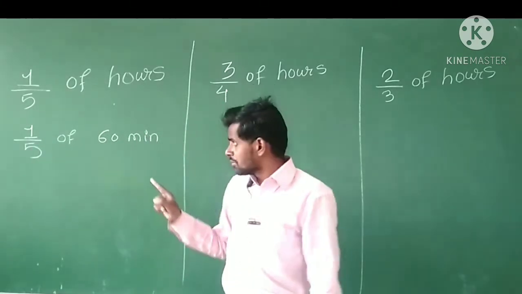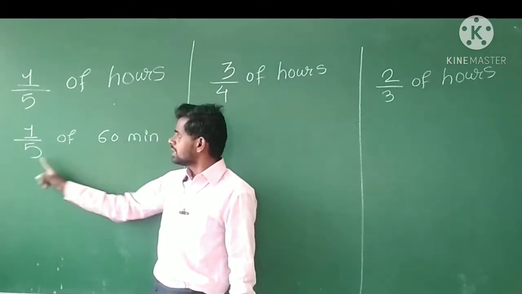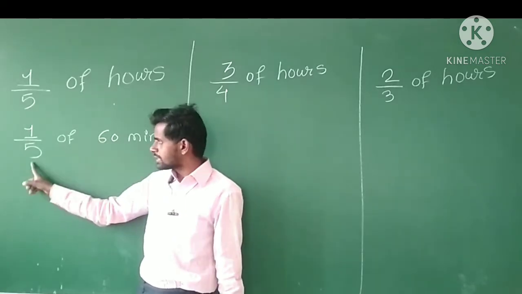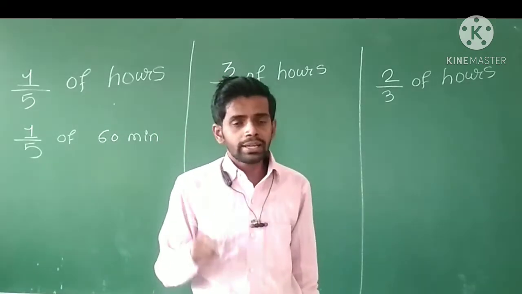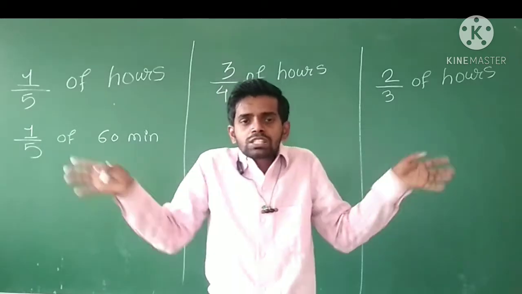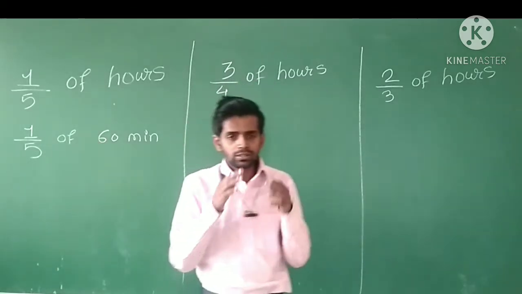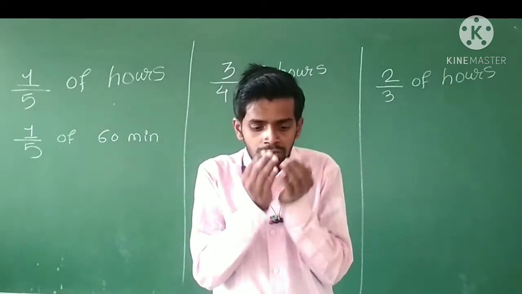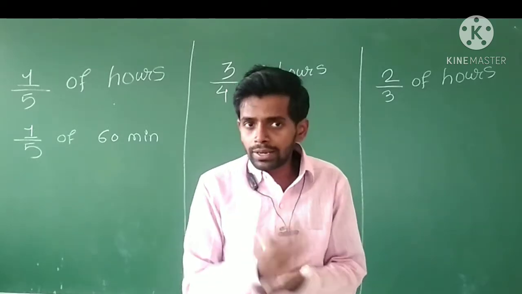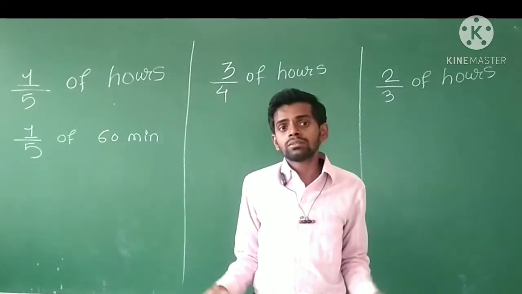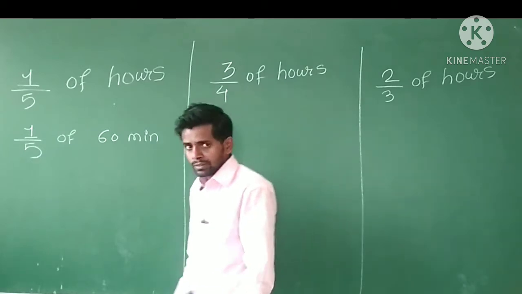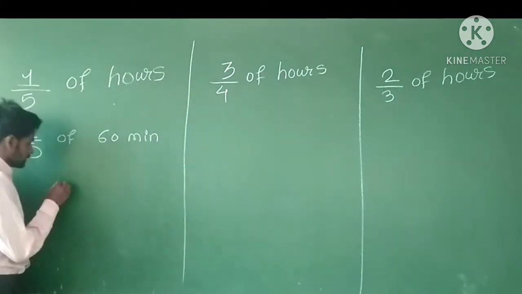So first of all, we will divide this 60 by 5. जब आप 60 को 5 से divide करोगे, then you will get each part. Sorry, you will get the 5 parts. If you want to create 5 parts, किसी ऑब्जेक्ट के 5 टुकड़े करने हैं, so we will divide that number by 5. Okay. So I'm dividing this 60.